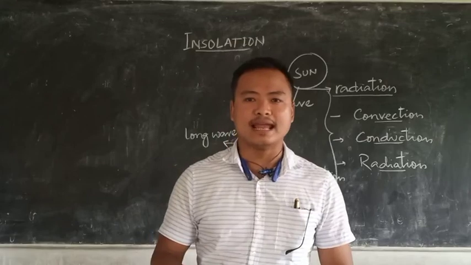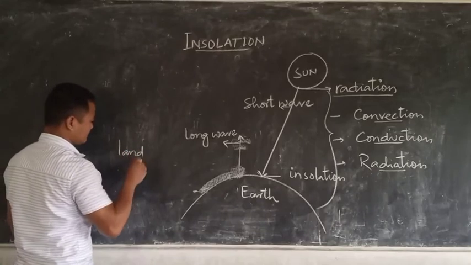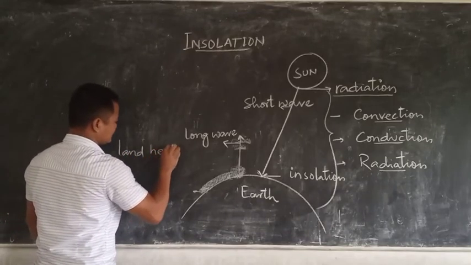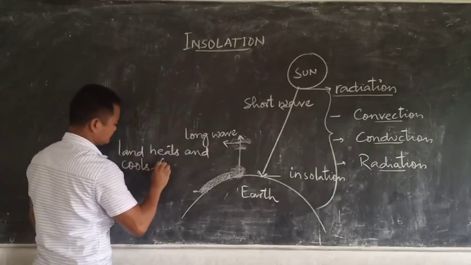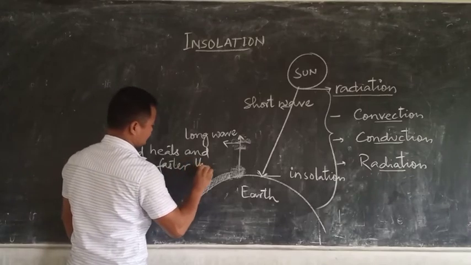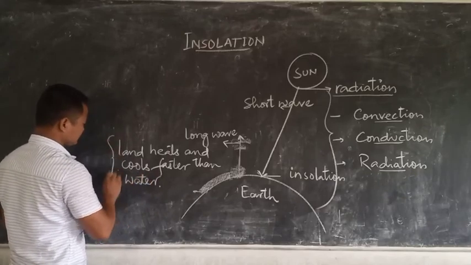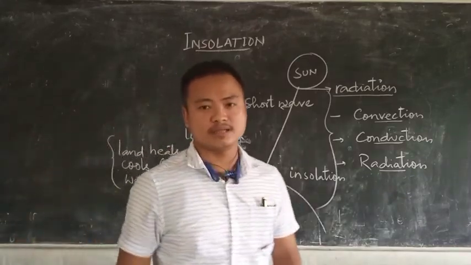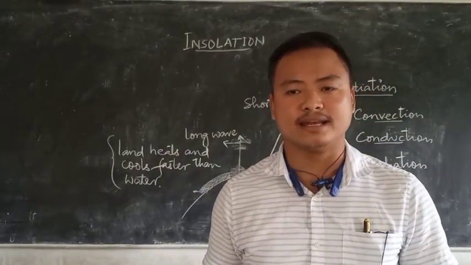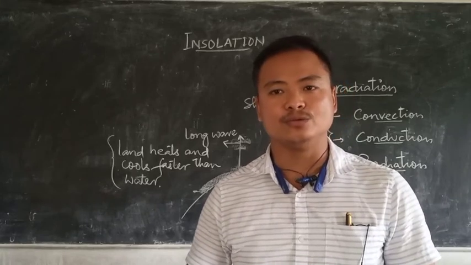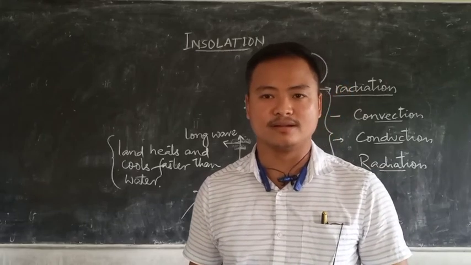So we can say that land heats and cools faster than water. So this is about the heating of land and water. We can state that there is an unequal heating of land and water, because land heats and cools much faster than the water bodies. This is due to the low specific heat required.